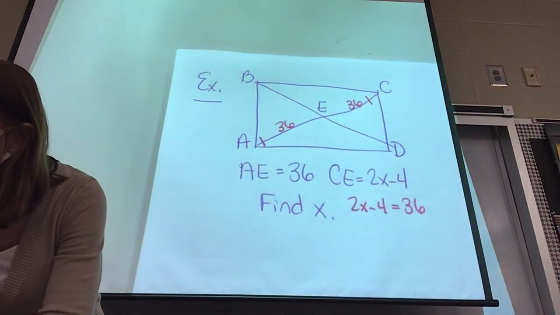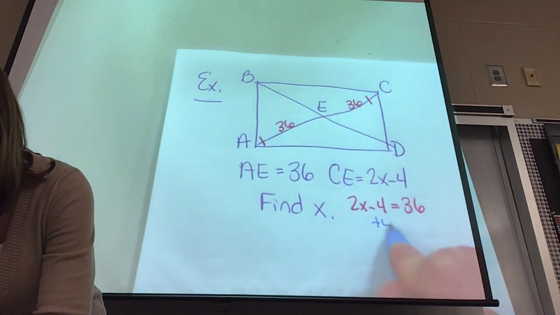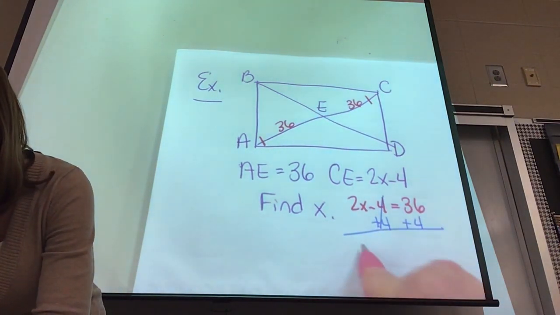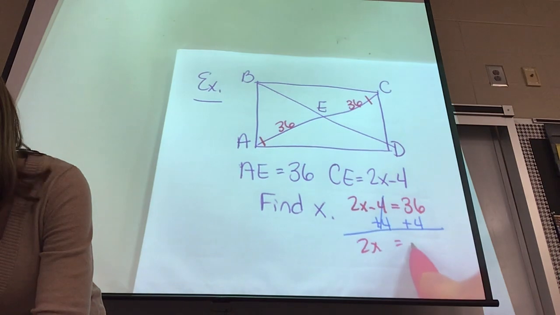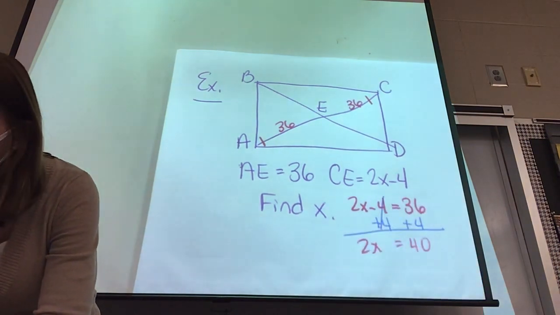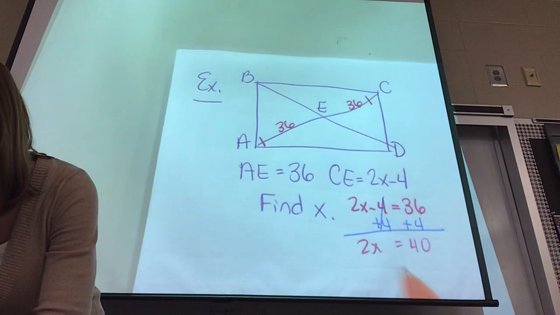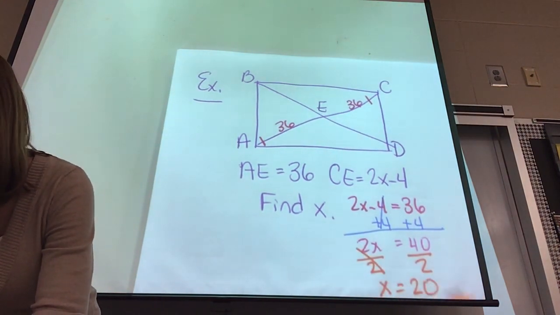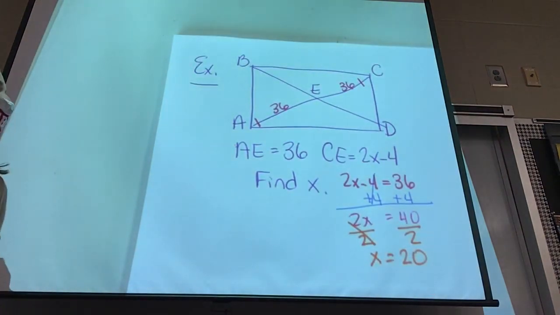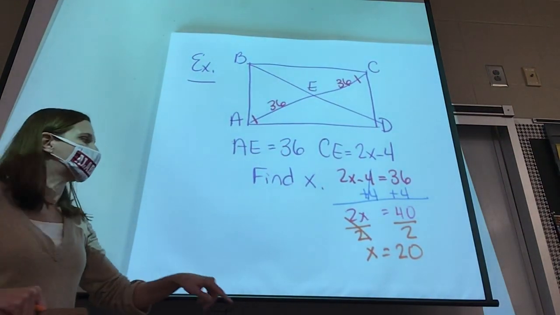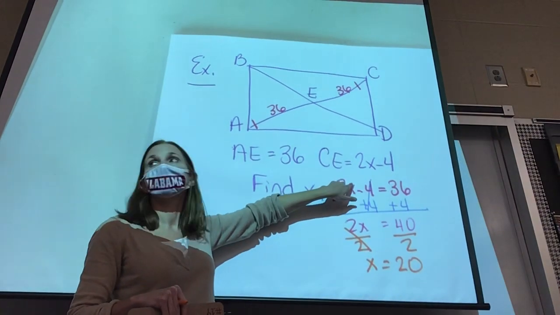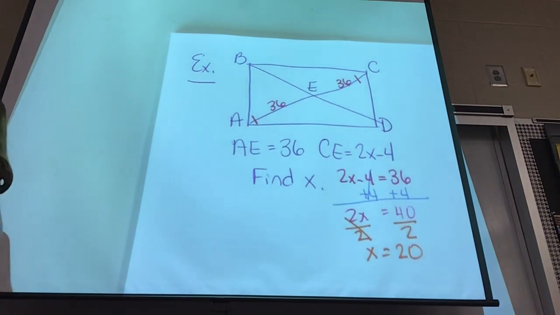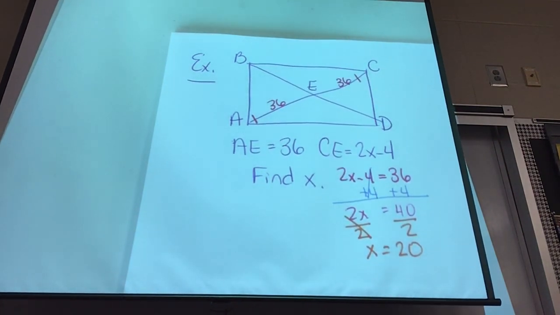Okay, so if we solved it, we would add 4, then we would have 2x equals 40, and if I divide by 2, x is going to equal 20. So if I put 20 in there, 20 times 2 would be 40, so 40 minus 4 would be 36. So that's what I would be looking for.